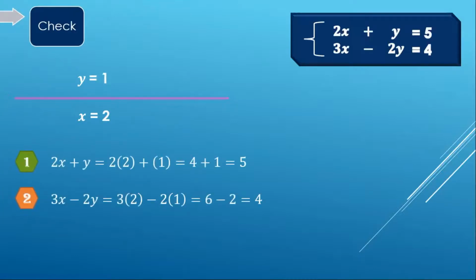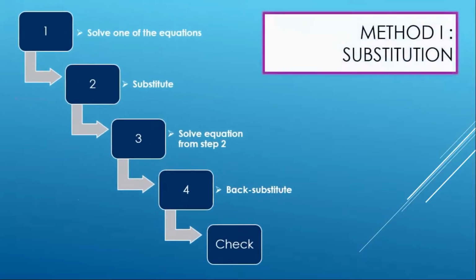Sure enough, 2 times 2 plus 1 is 5. 3 times 2 minus 2 times 1 is 4, just as I wanted it to be. So the point (2, 1) is on both equation 1 and equation 2. So these are the steps we would need to do the substitution method.